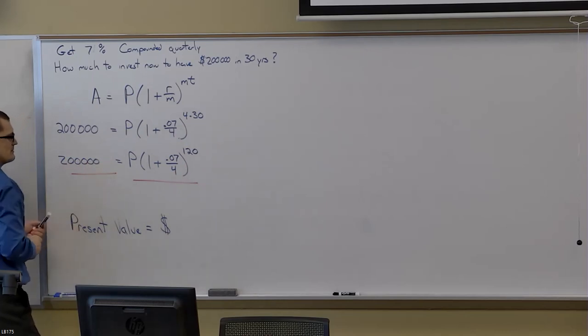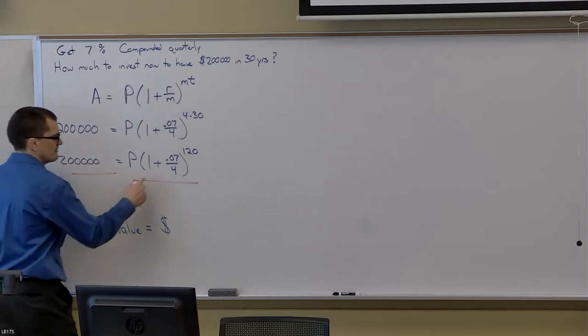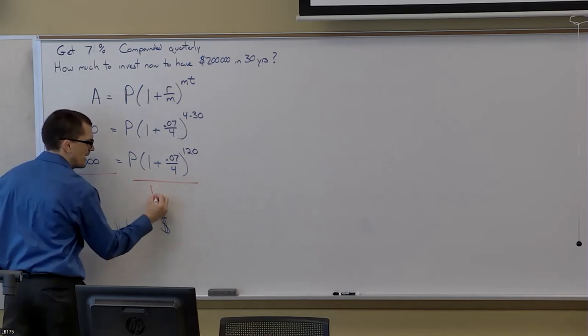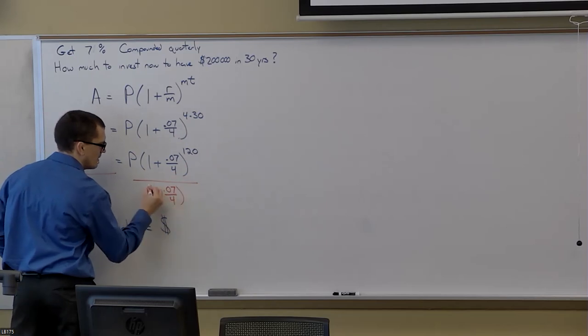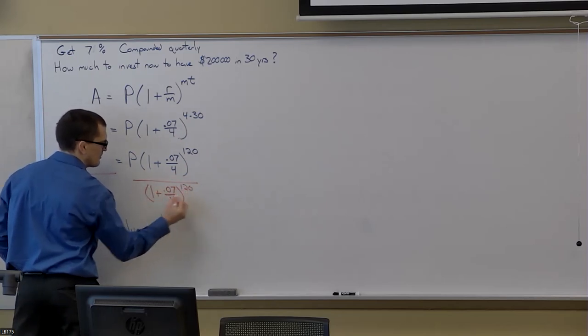So once again, I'm taking each side and I'm dividing by this number, that number being 1 plus 0.07 over 4 to the 120th power.